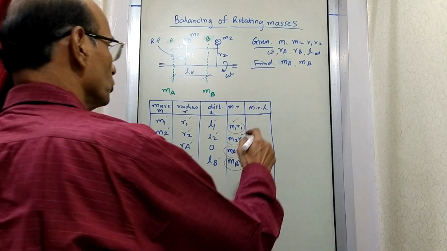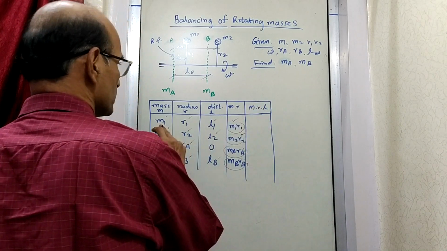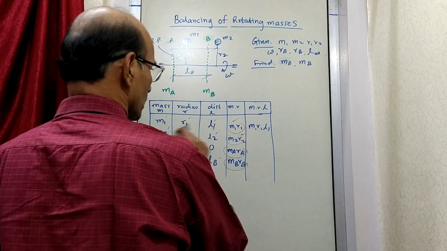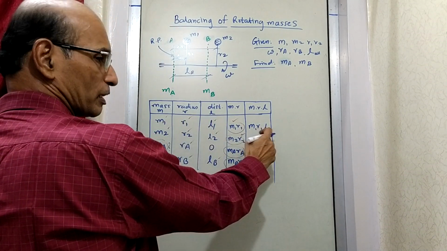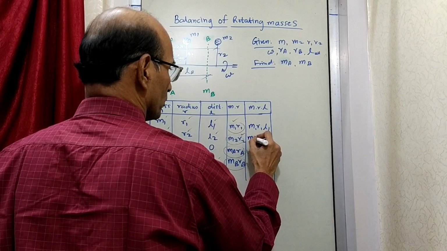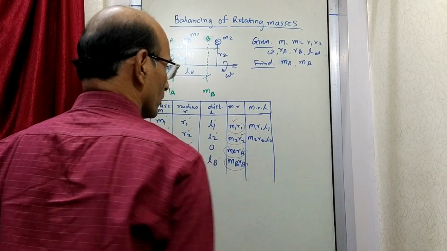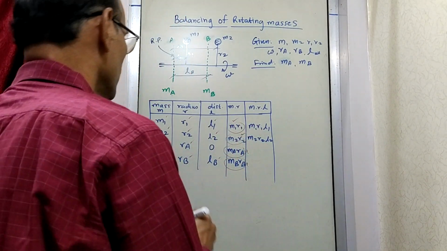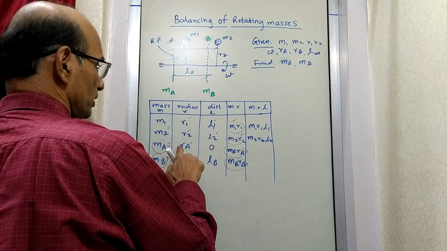Now let us try to do that here. M into R into L. This into this into this. So M1, R1, L1, all the three numbers are there. So you can find out this magnitude. Again, this also you can find out. So this is a number. This again is a number. This into this into this.